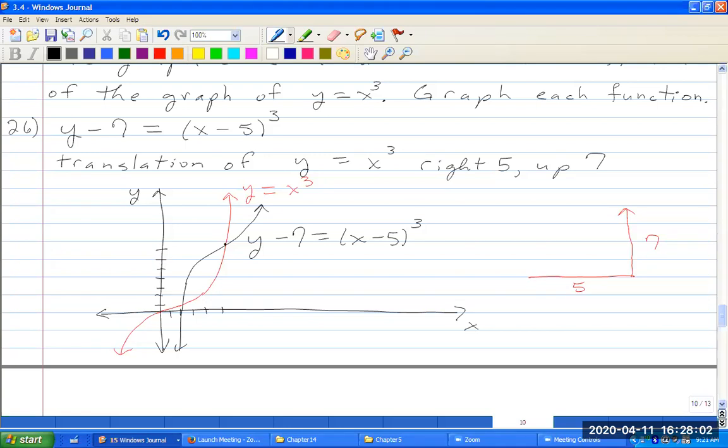I started out with this function and I just translated it. That looks a little bit better now. So I started out with this red function originally, and I just moved it 5 units in the positive x direction, and then 7 units in the y direction.